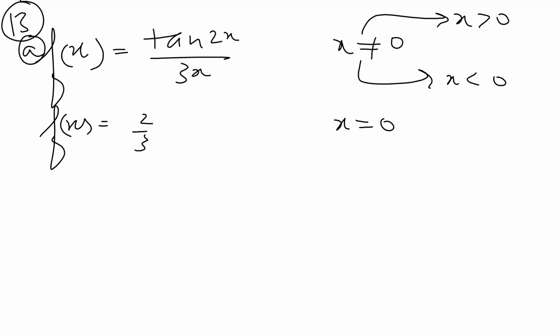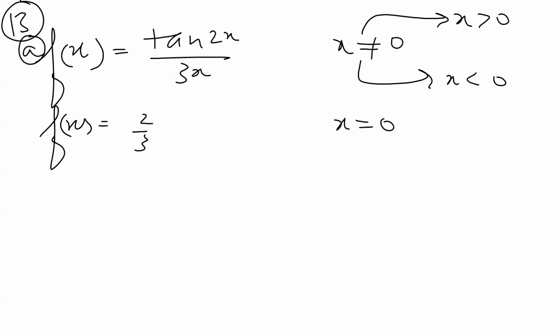So 0 is a critical point obviously over here. So we'll start with LHL. Limit x approaching 0 minus, x is less than 0. So for less than 0, which function is there? Tan 2x upon 3x.